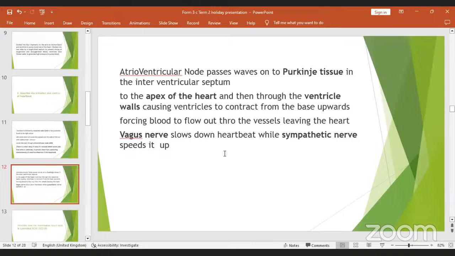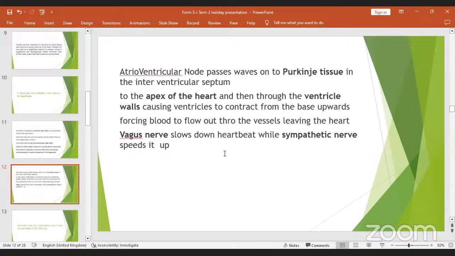Now, these Purkinje tissues are tissues that emerge from where the ventricles start, below the atrioventricular node, and then they spread to the ventricles. So the Purkinje tissue now spreads the waves through the ventricles, causing them to contract from the base.